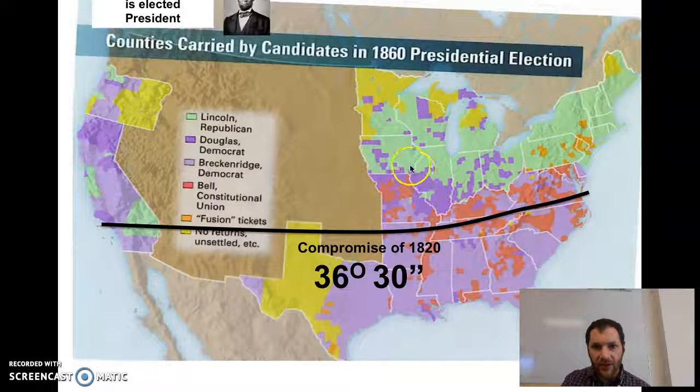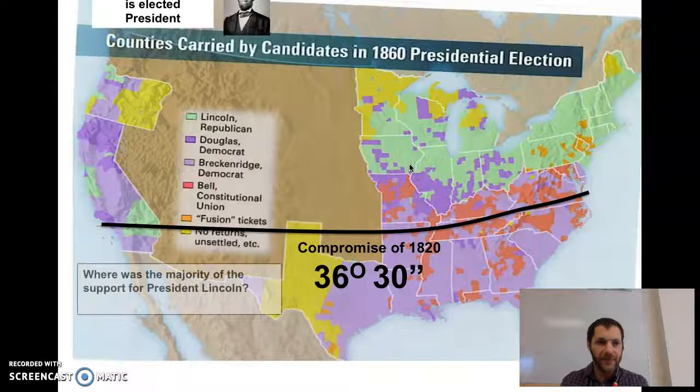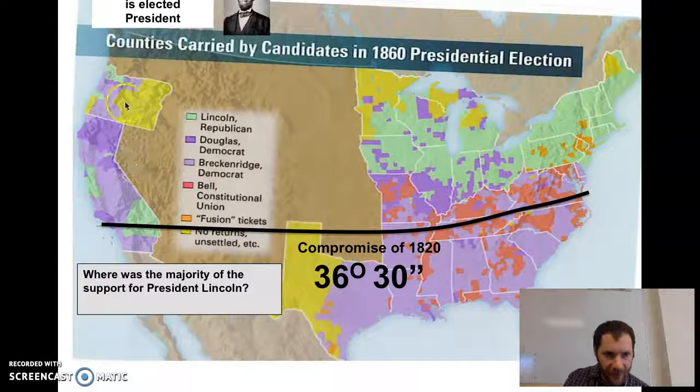But you can also see where the support for Lincoln was. The support for Lincoln was in the North, the majority. We had a little bit here in California, a little bit in Oregon Territory.